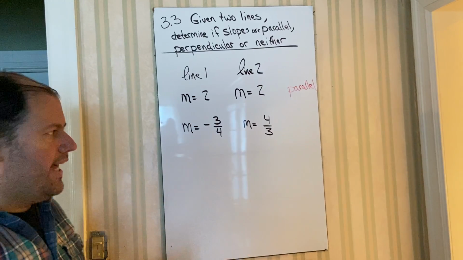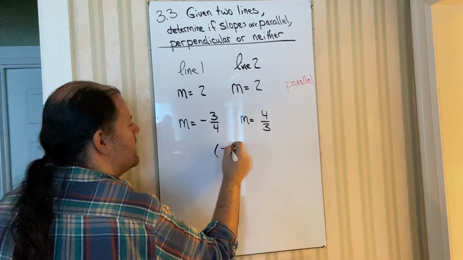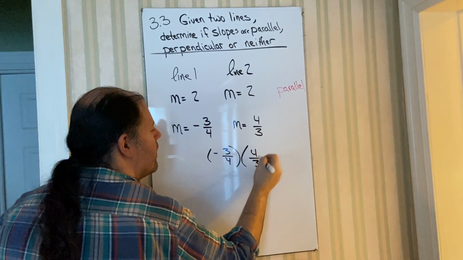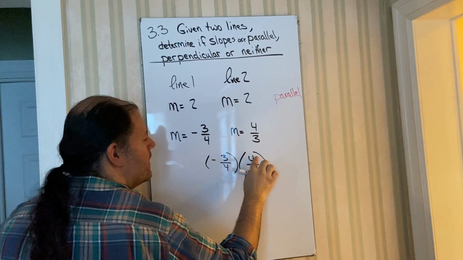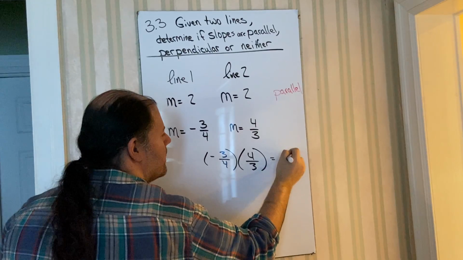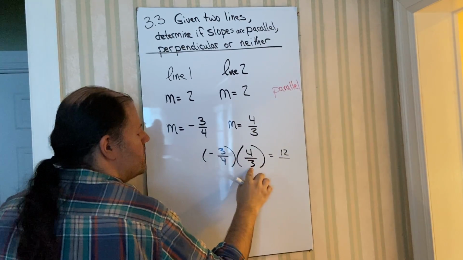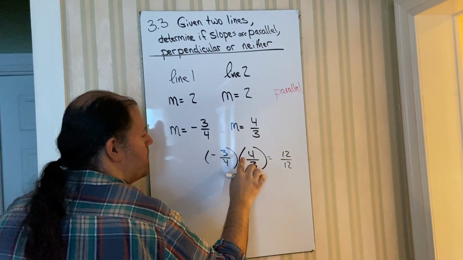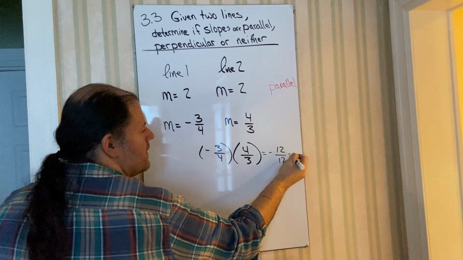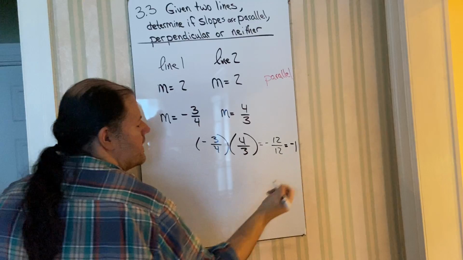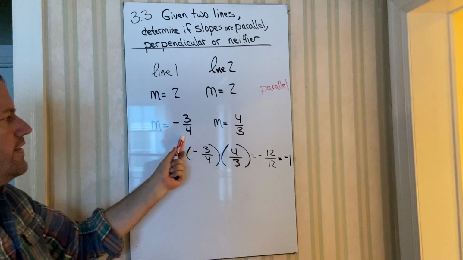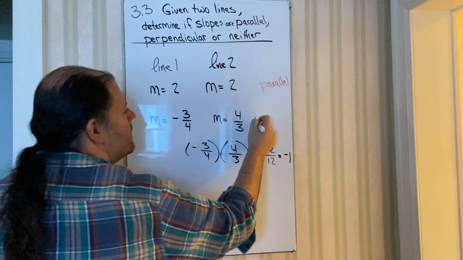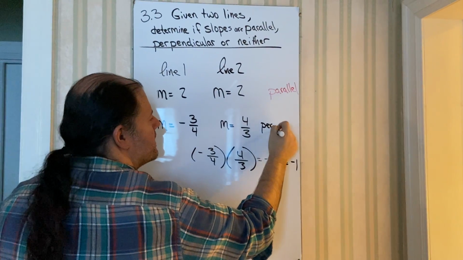Or if you multiply them, negative 3/4 times 4/3, this times this is 12. This times this is 12. Negative times a positive is negative. You can see this will reduce to negative 1. So since they're opposite signs but reciprocals of each other, we would know this is perpendicular.